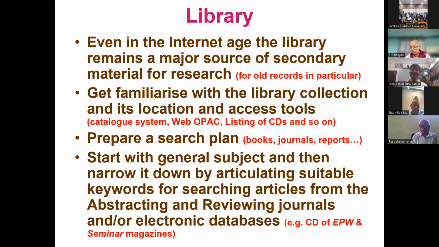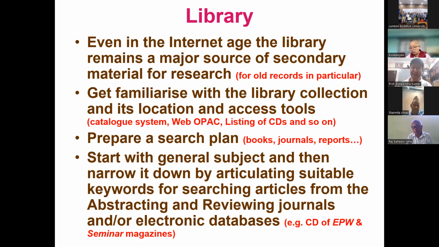So a research scholar is supposed to start with the general subject and then narrow it down by articulating suitable keywords or searching articles from the abstracting and reviewing journals and electronic databases.